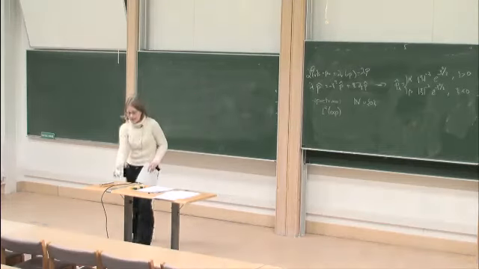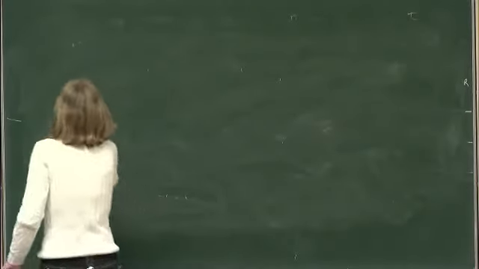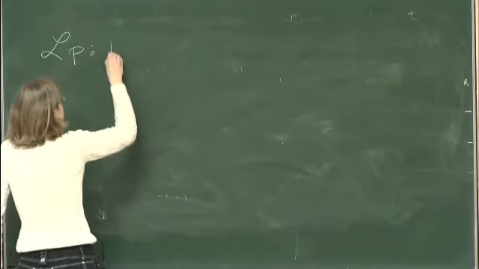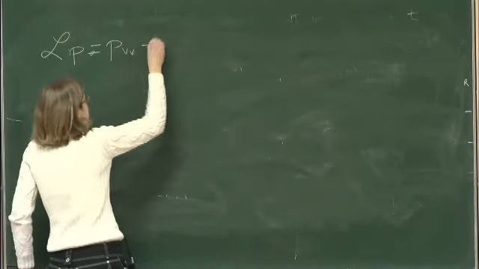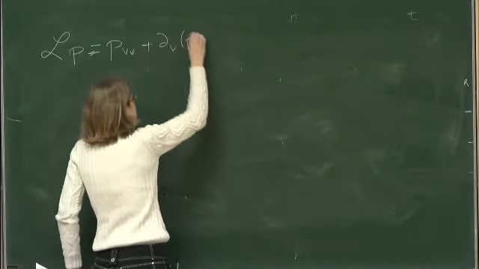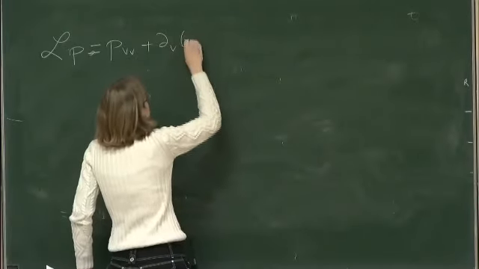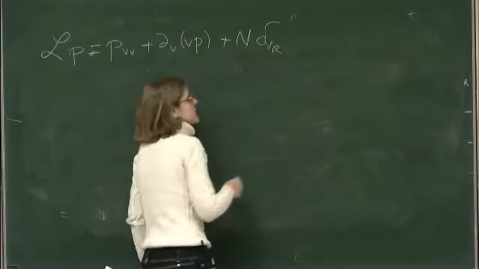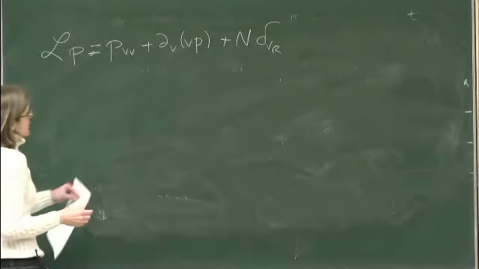So let me just tell you how to compute the spectrum of our operator L of P, which is the Fokker-Planck operator plus N delta at the point V_R.